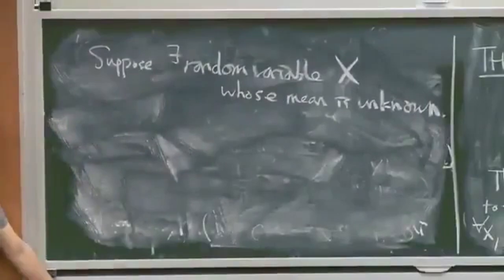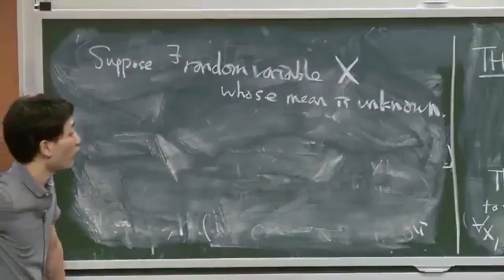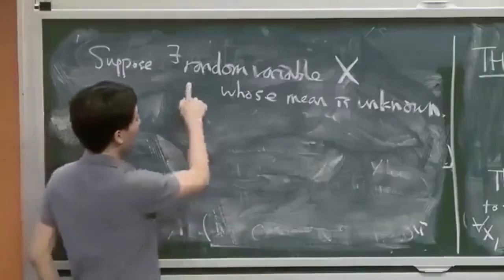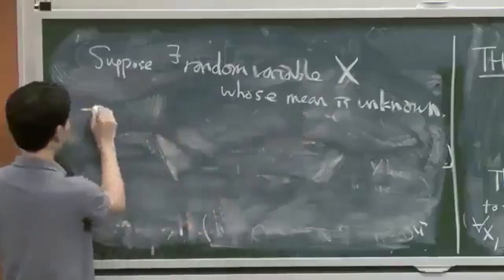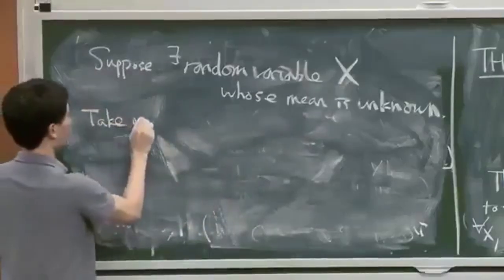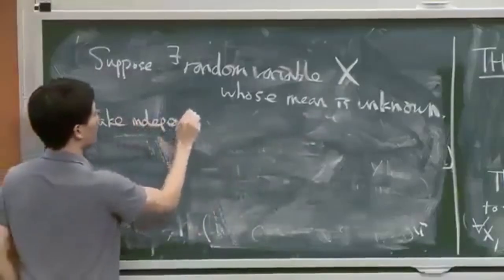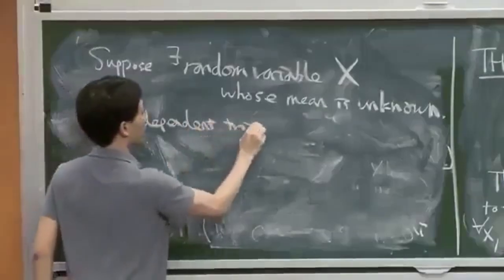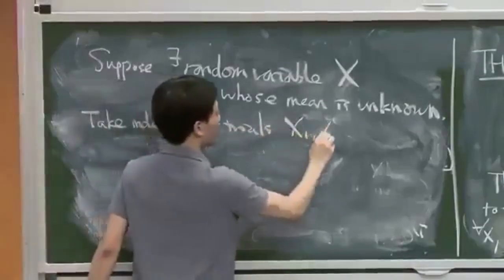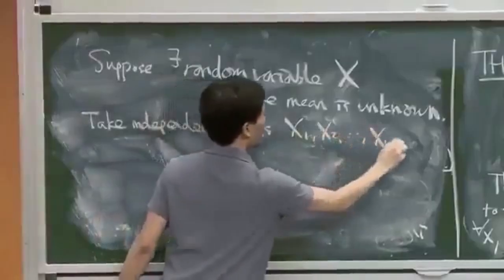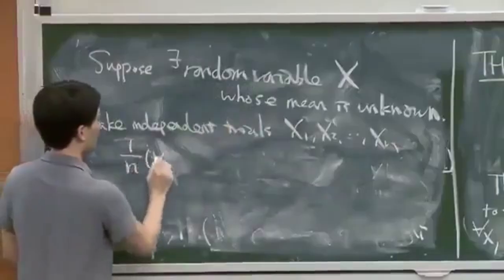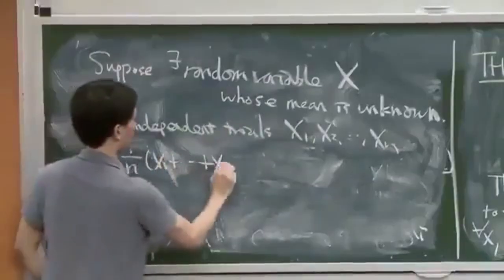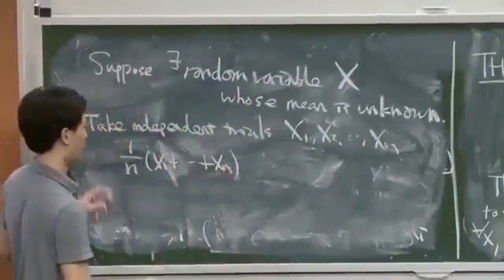Our goal is to estimate the mean. And one way to do that is by taking many independent trials of this random variable. So take independent trials X1, X2, up to Xn, and use 1 over n times X1 plus up to Xn as our estimator.